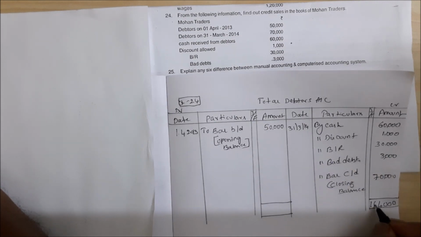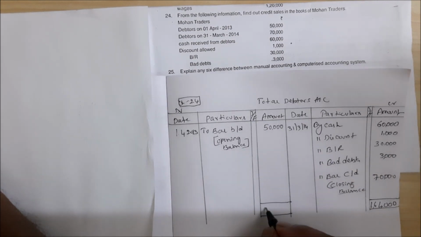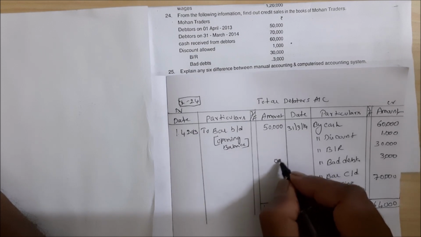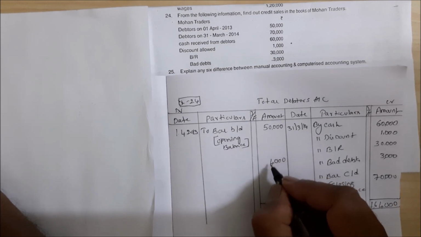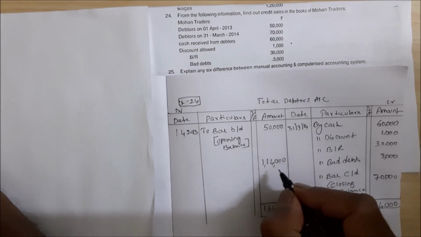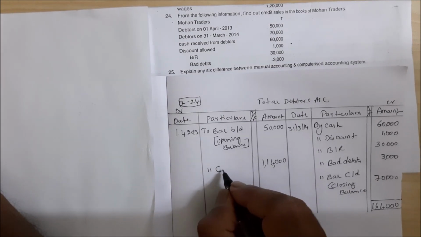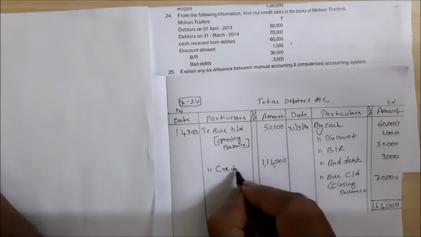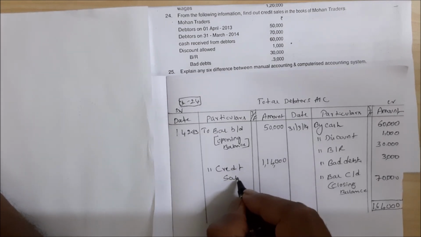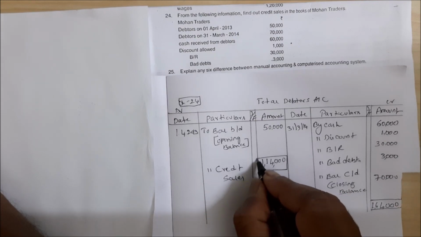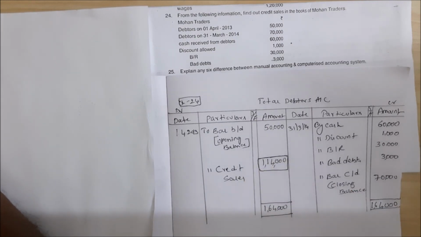Then 1,64,000. So difference is 1,14,000, the balancing figure, is called to credit sales during the year. 1,14,000 is credit sales during the year.